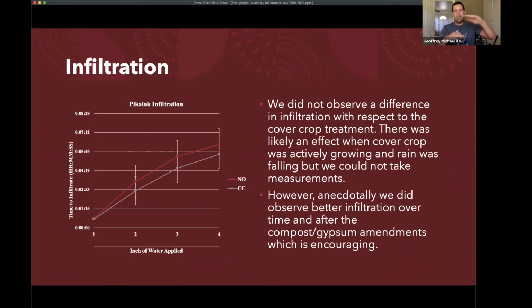You add cover cropping, the infiltration is a little bit better. You add cover cropping and no-till, even better. That's what I would expect here, but probably only after a decade or more of management. After 3 years, with only 1 really good year of cover cropping, other than when the cover crop is physically in the ground, I wouldn't expect to see a difference. That's just the nature of how long it takes soils to change. Thank you.